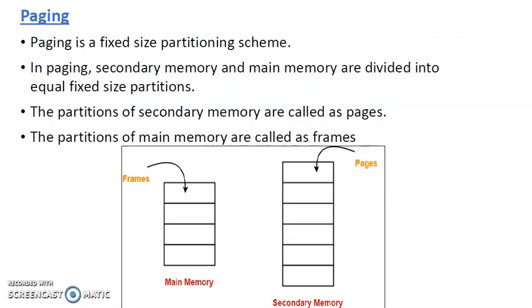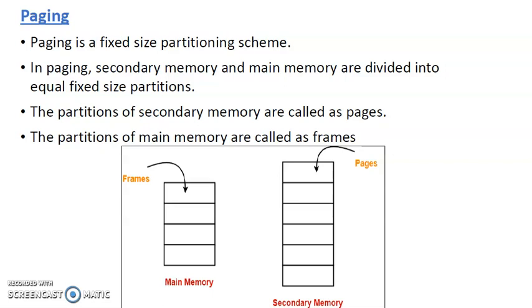Now you can see the working of paging. First, what is the meaning of paging? It divides memory into chunks of the same size, or you can say paging is a fixed size partitioning scheme. In paging, the secondary memory and main memory are divided into equal size partitions.